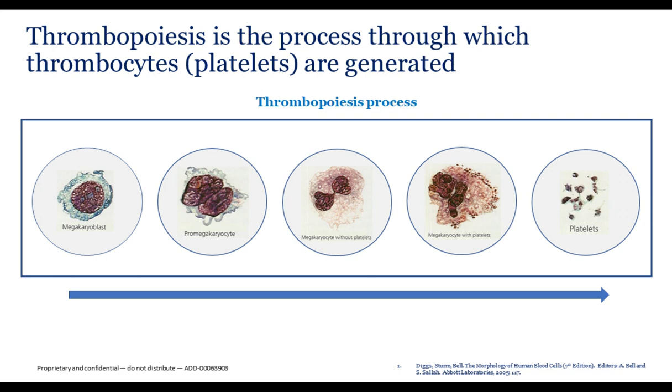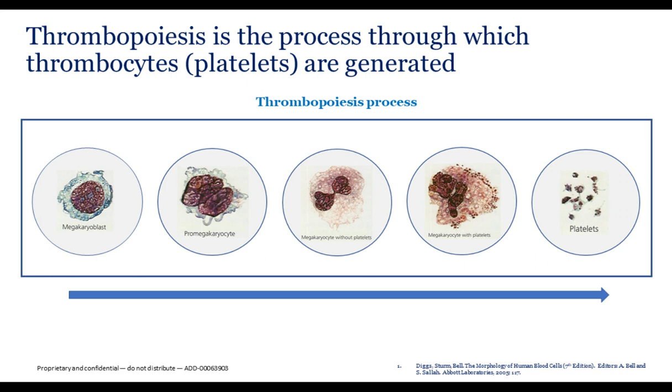The pluripotential cells differentiate to become morphologically and immunologically distinct cells committed to a platelet lineage. These maturational changes include, respectively, the megakaryoblast, promegakaryocyte, and the megakaryocyte, as we can see on the slide.